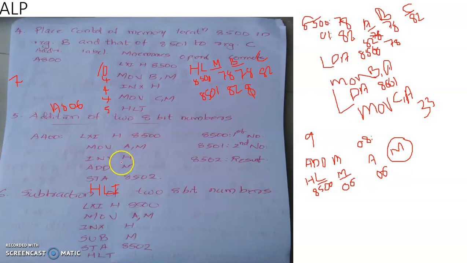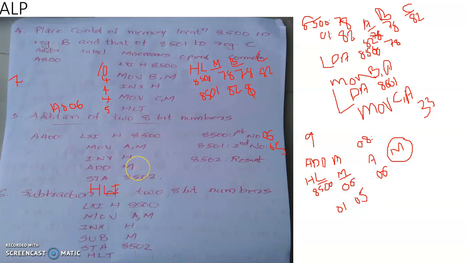Next instruction is INX H. HL pair is incremented by 1. That becomes 8501. Let the second number present in 8501 be say 05. So 05 is the number present in the memory right now.